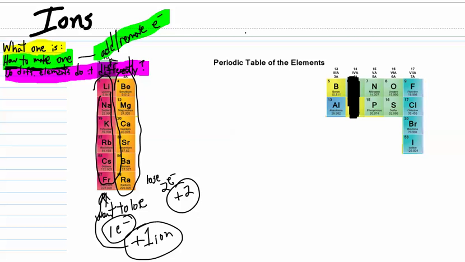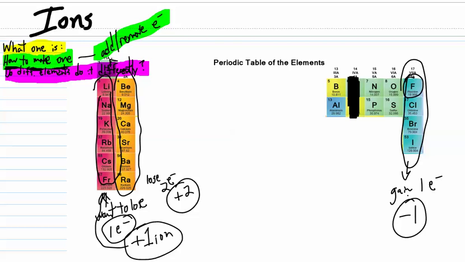Alright, now this column right here with fluorine at the top, these guys, they have room for an extra electron, so they would like to gain 1 electron. So if you take a neutral fluorine atom and add an extra electron to it, you get a -1 ion. So this whole column likes to become a -1 ion. This column right here, oxygen and sulfur, these guys like to become -2 ions.